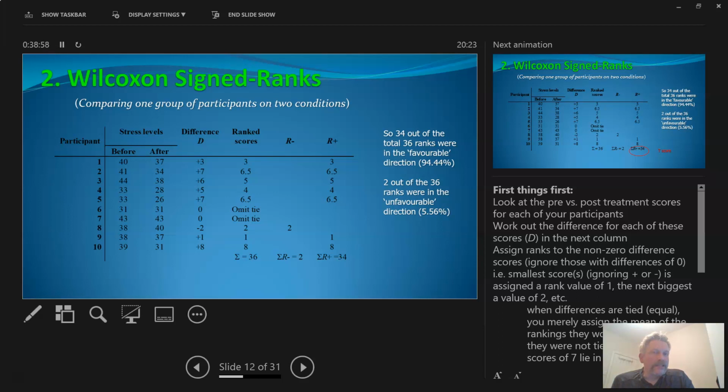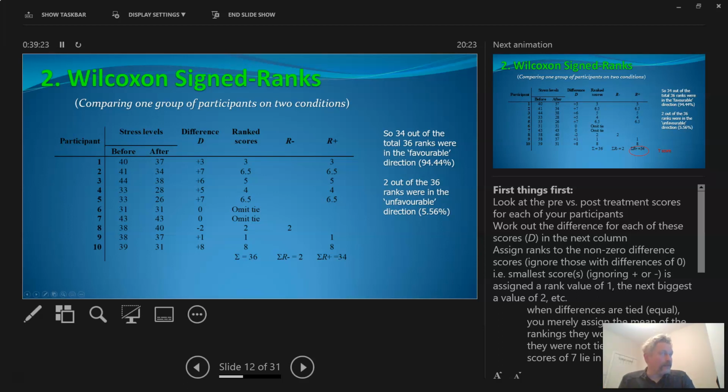But what we're interested in now, again, because we've got different conditions in the study, when we have the raw data, what we're saying is that even if we convert this to the ordinal, to the ranked data, we're still expecting to see the same pattern. We're still expecting to see scores go down after having taken part in the intervention.